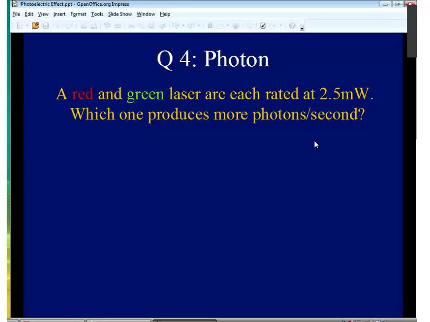Another question. Consider red beam and green beam, two beams, both having the same power, 2.5 milliwatts. Then in which beam more photons are coming every second?